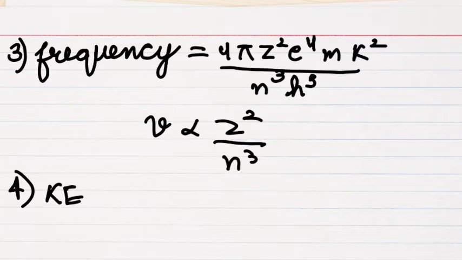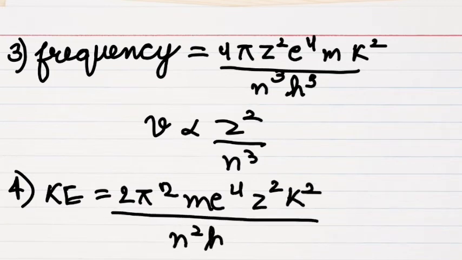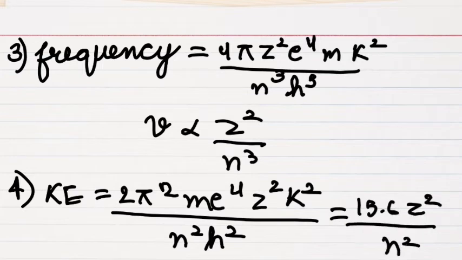The formula for kinetic energy is 2 pi square me4 z square k square upon n square h square. After putting the value of constants, we get 13.6 as a number times z square upon n square.